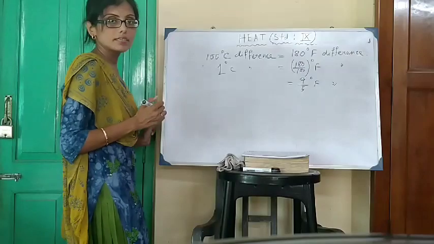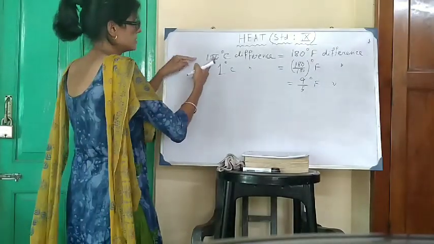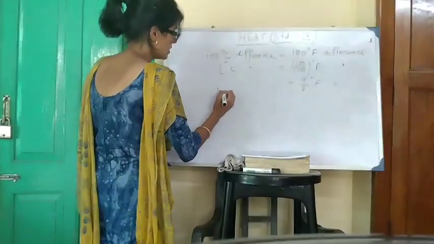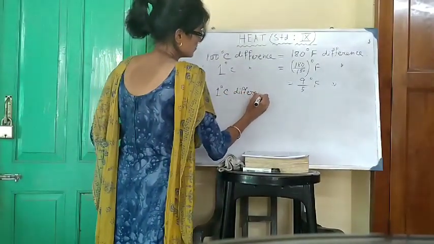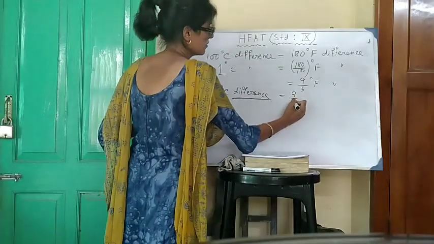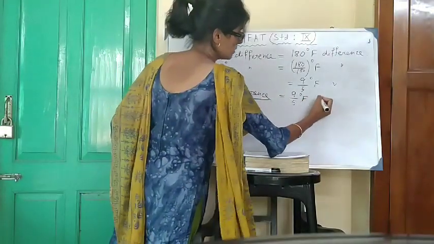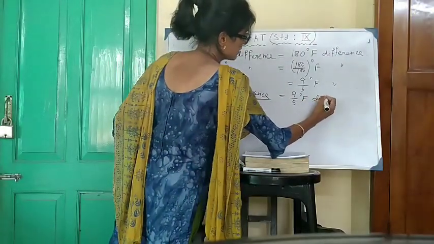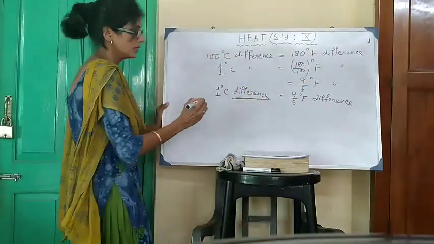So what is the relation between the change in temperature between Celsius and Fahrenheit scale? 1 degree Celsius difference. The term difference is very important. 1 degree Celsius is not equal to 9 by 5 degree Fahrenheit. 1 degree Celsius difference is equal to 9 by 5 degree Fahrenheit difference. Think in reverse way.